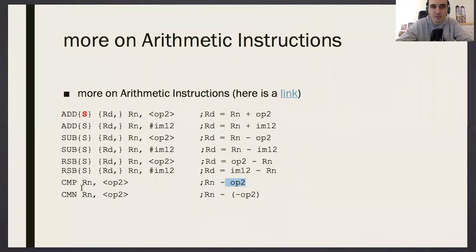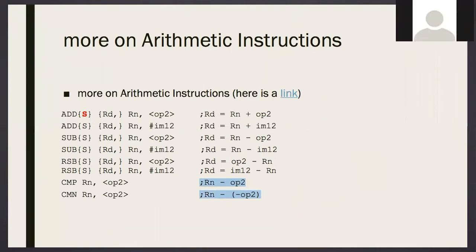And the operation is this, the first one minus the next one. CMN is compare negative. CMN is this operation: Rn minus the negative of the other one. So that's this operation. You can use this. These are the definitions. Just use them and that's it.